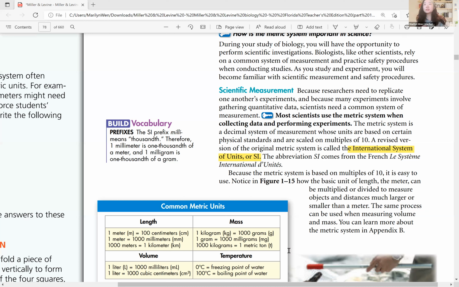The metric system is centimeters, meters, liters, kilograms, Celsius and stuff like that. Those are usually the SI units for experiments. And then we're pretty much done for chapter 1.